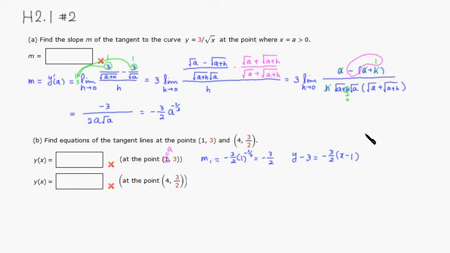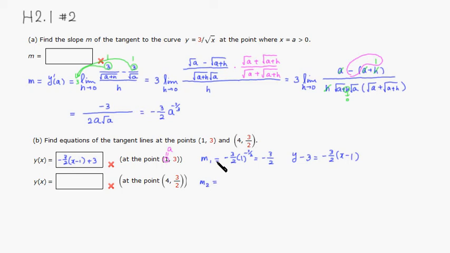But it looks like we have to write it as y equals, so I'm going to move this over to this side. So this is negative 3/2 times (x minus 1) plus 3. You can multiply out if you want, but I'll leave it like that. I'm too lazy.